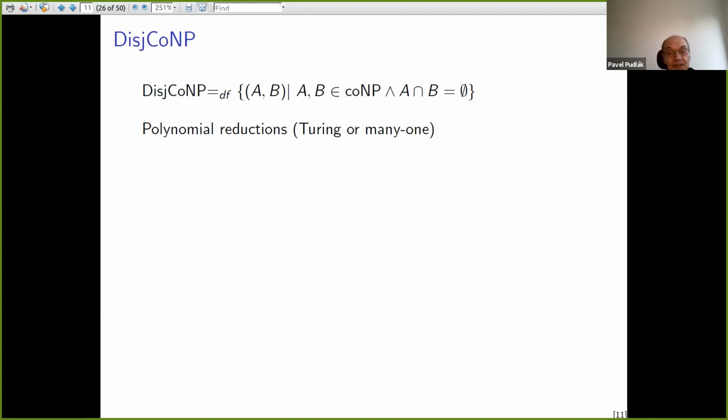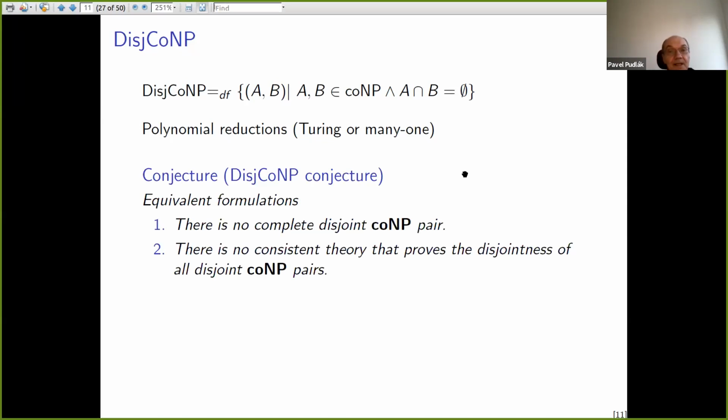Like with the set of tautologies, we also have a similar connection, which is pairs of disjoint co-NP sets. Again, polynomial reductions, Turing or many-one, are defined in the same way. And we can state the conjecture that there is no complete disjoint co-NP pair.